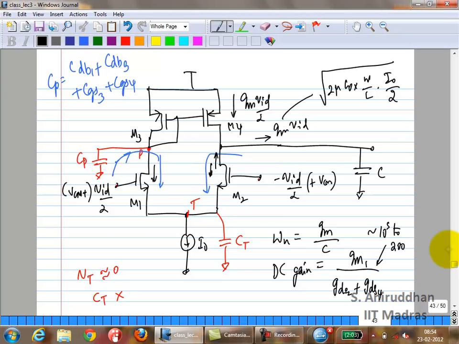How about M3 and M4? Will they contribute any noise at all? Okay. So if I want to calculate my noise current, you can look at it in multiple ways.